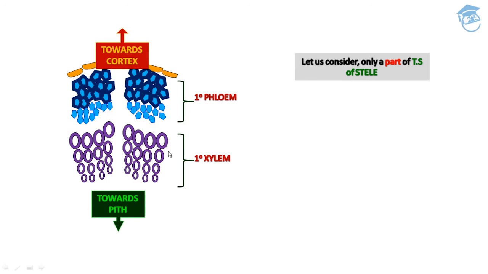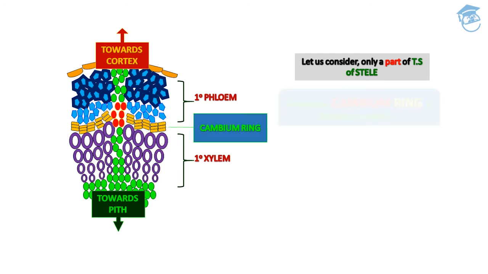I have already taught you what metaxylem and protoxylem are all about. You can refer to that presentation for better understanding. So this is the part of the stele, and this is interfascicular cambium. That's why the vascular bundle is of conjoint collateral open type, because of the cambium presence, and this is the ground tissue.